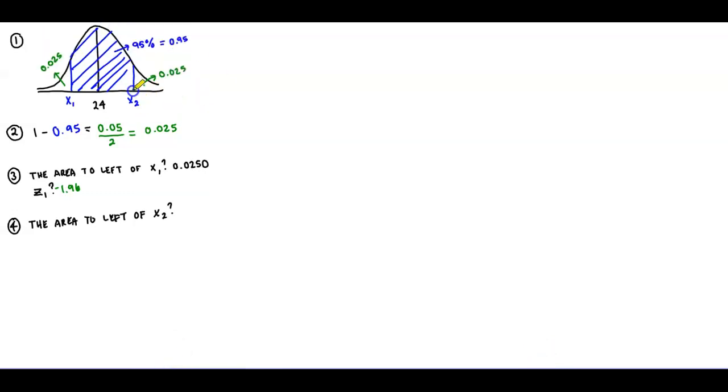Well, if we look at the area of x2, the middle is 0.95, and then we have to add the 0.025 over here. So we need to take 0.95 and add 0.025, which ends up giving us 0.975. So that's going to give us the z-score.